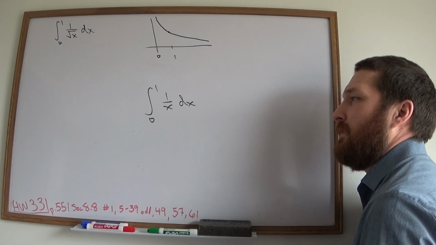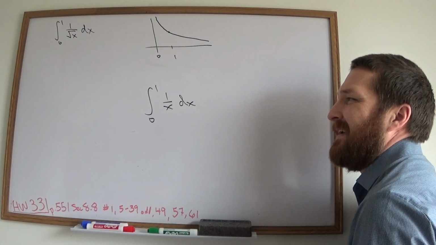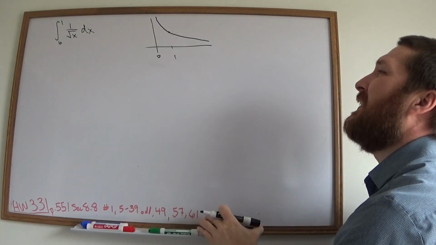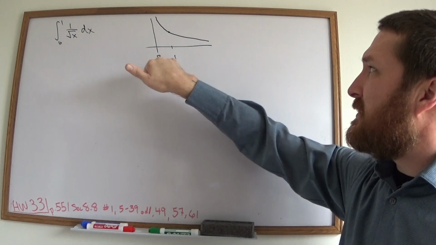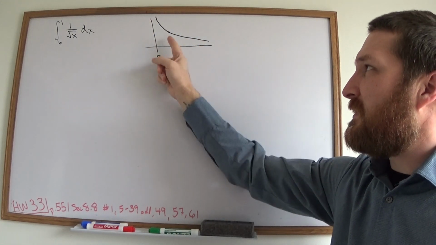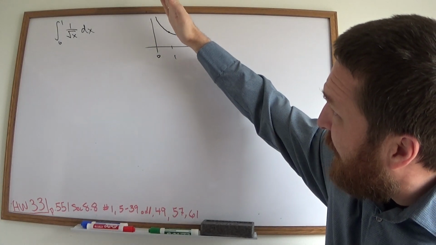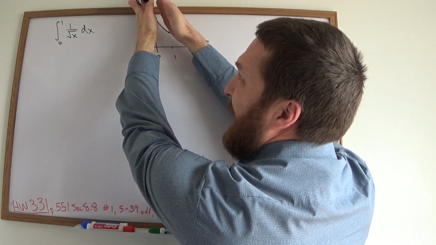I'm sorry, I should have thought that through. But anyway, we still have a problem here, because we're still talking about an infinite area. It's possible that this area goes up, but the question is now, how fast is this thing approaching the y-axis?